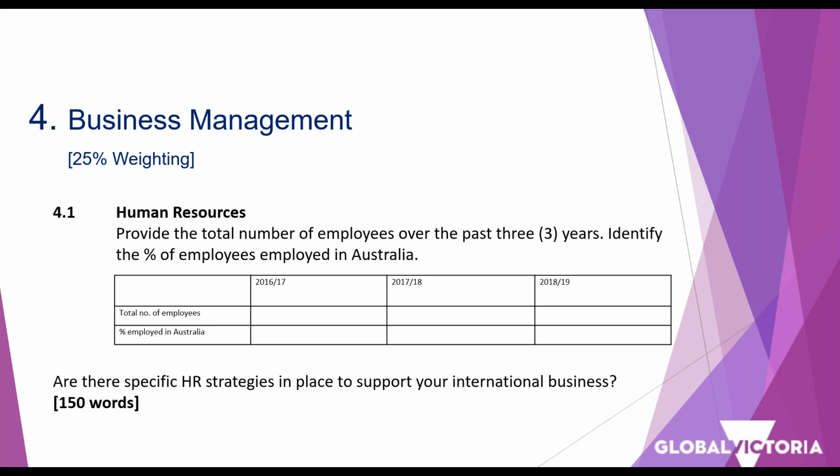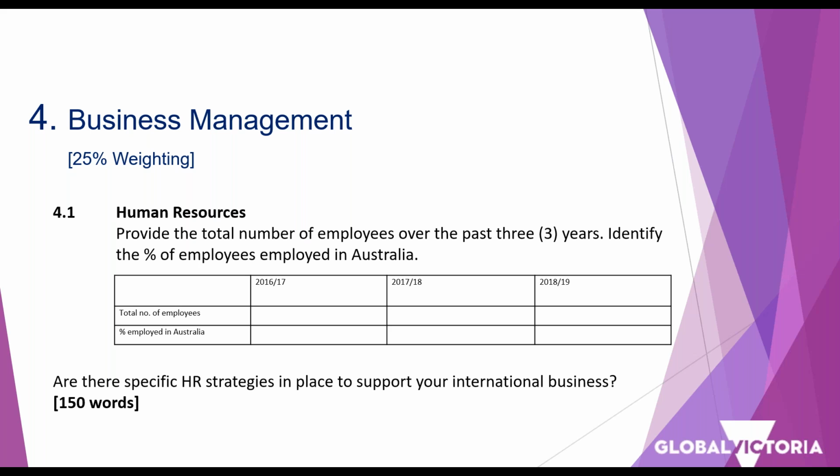You are going to be completing a table for the past 3 years, showing how many people you employ and what percentage of those people you employ in Australia. It really is that simple. 2018-19 being the most recent year, and 2016-17 being the most distant year of figures that you will be putting in.